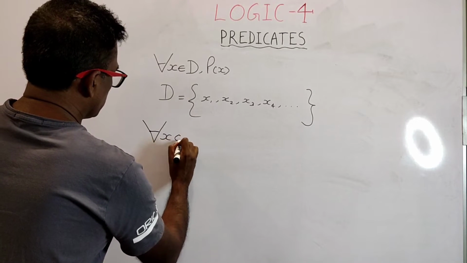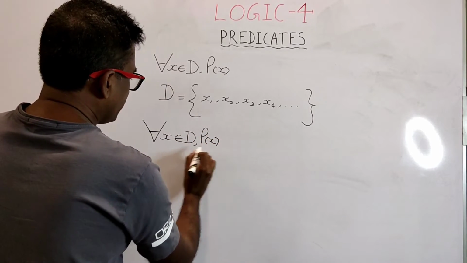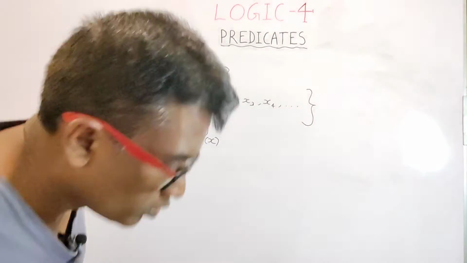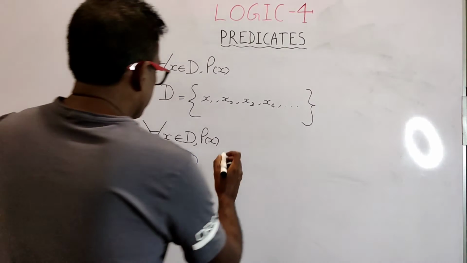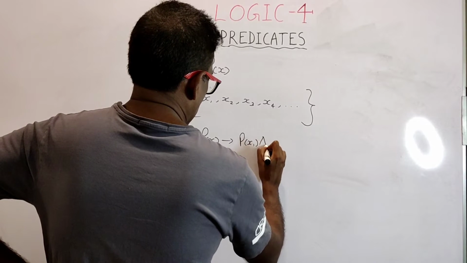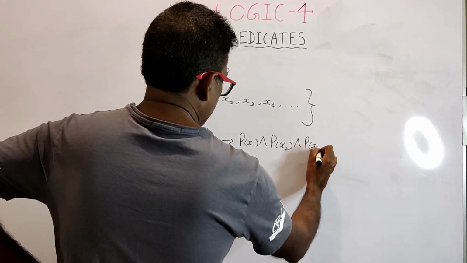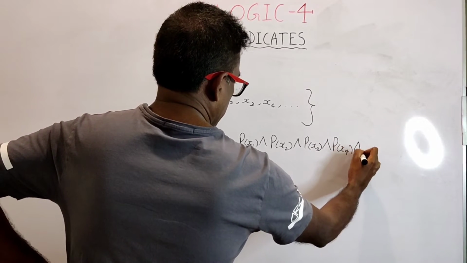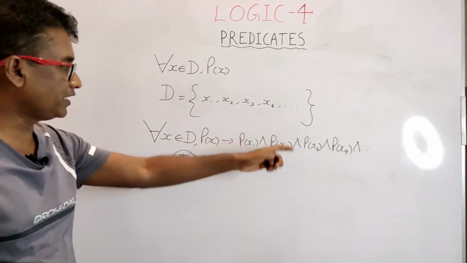For this to be a true proposition, I repeat, for this to be true, then P of x1 and P of x2 and P of x3 and P of x4 and so on must be true for all the x's in D. This is what it means.